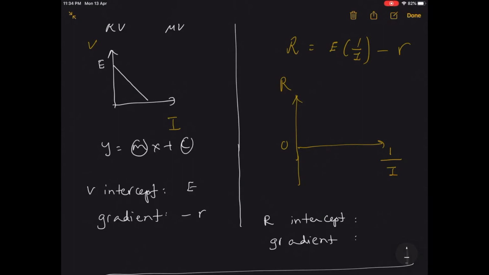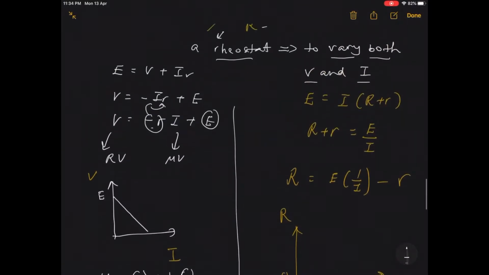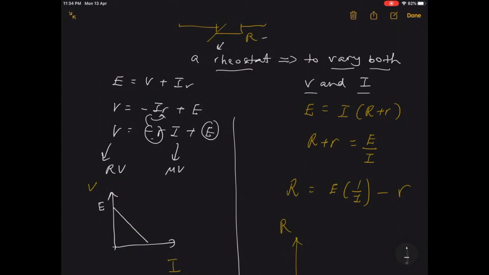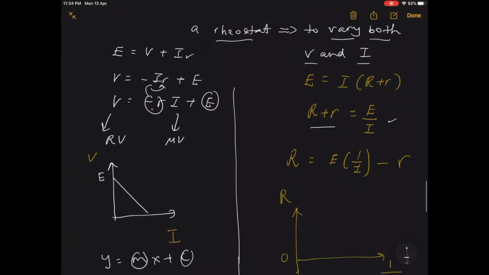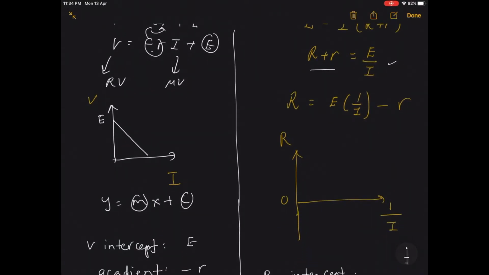Now look at another graph. From E equals to I bracket R plus r, you can rearrange the equation to write it this way. And then you bring the small r to the other side, you will form another equation here, where the R is the resistance of the rheostat.